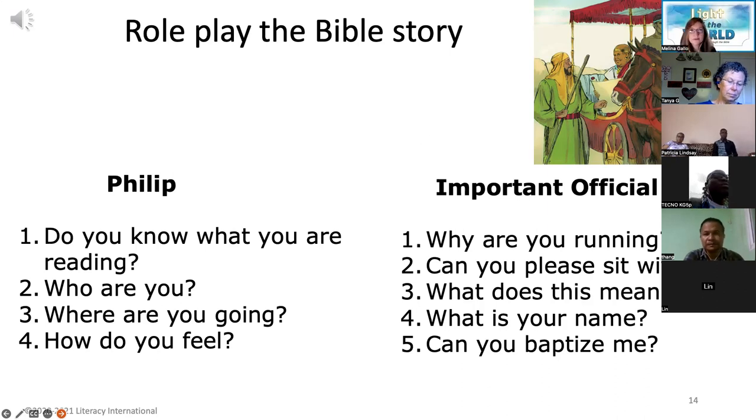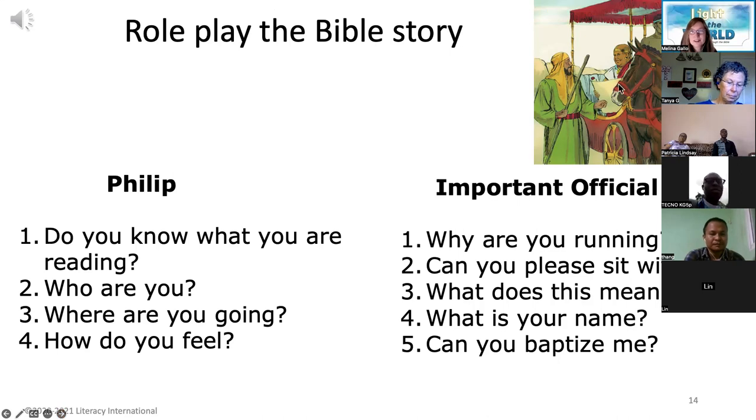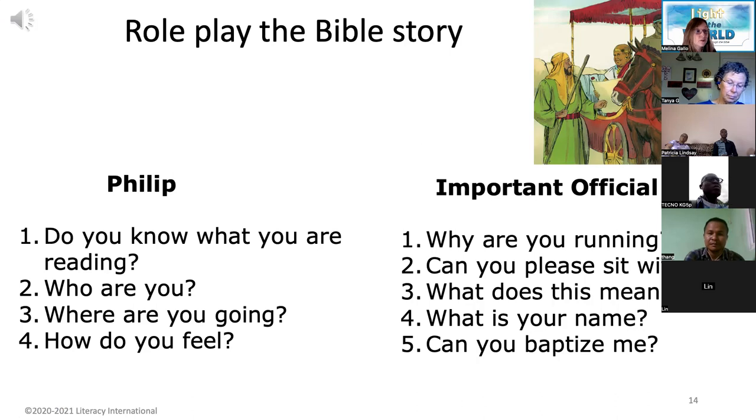And if you remember the story, and the students will remember this story because we just read it in class, the important official was riding along in a chariot pulled by horses and was reading the scriptures. And Philip saw him and ran up beside him and helped him to interpret what he was reading.